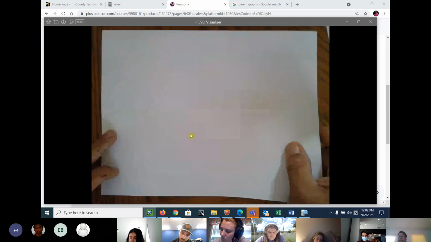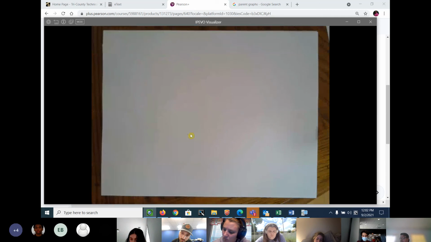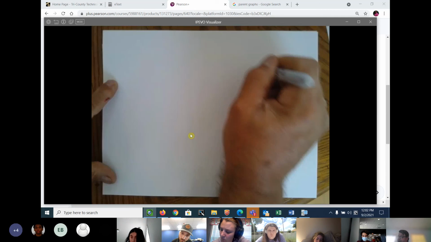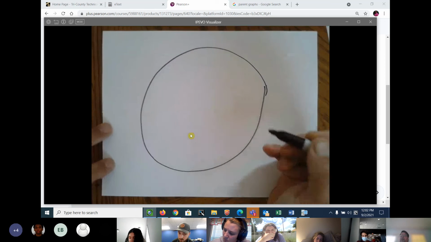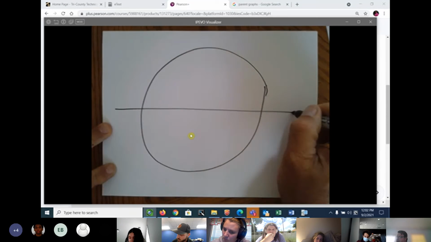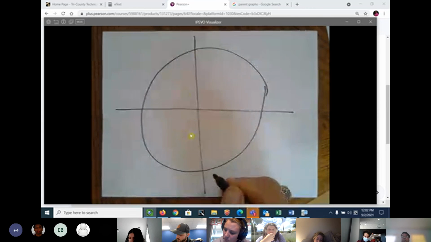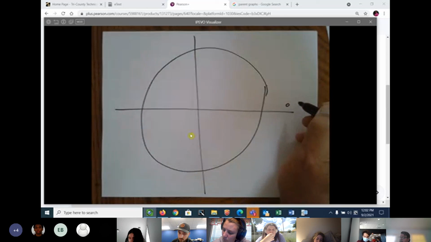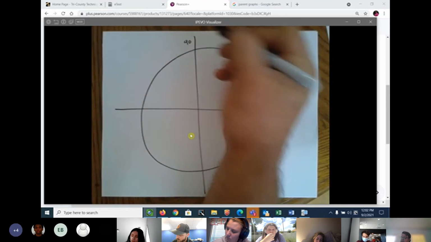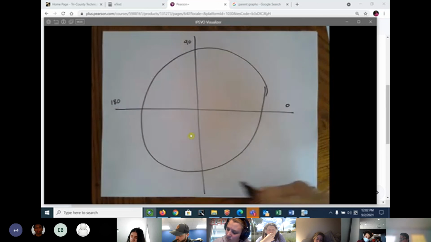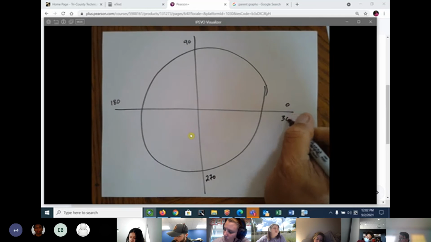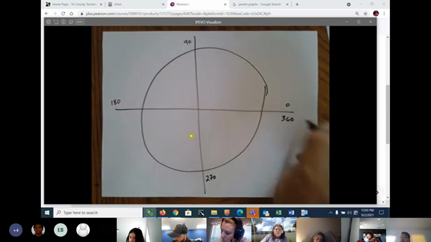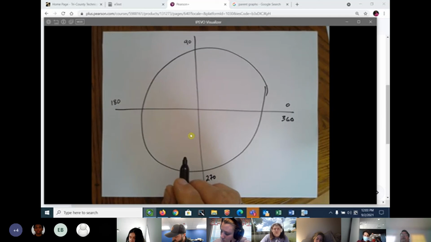Here's how you do it. You draw a big circle. You divide it into 4 quadrants. Remember I told you 0, 90, 180, 270, 360. Now in trig, there's 3 special angles.